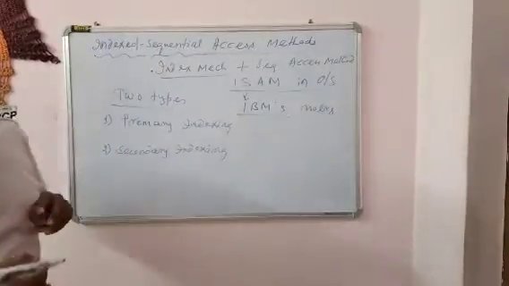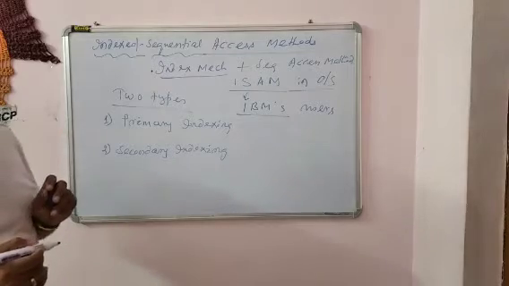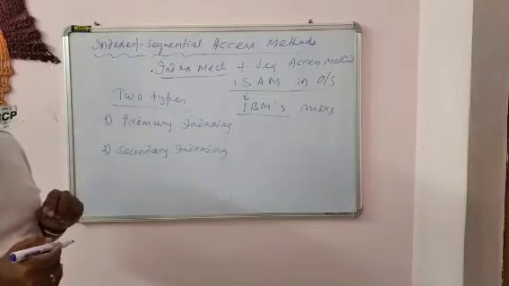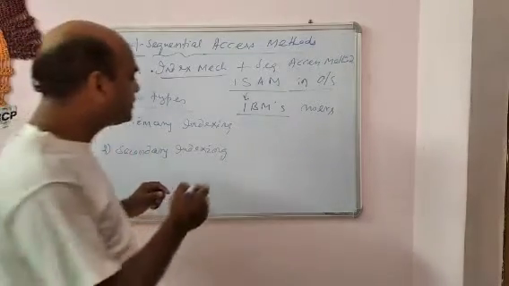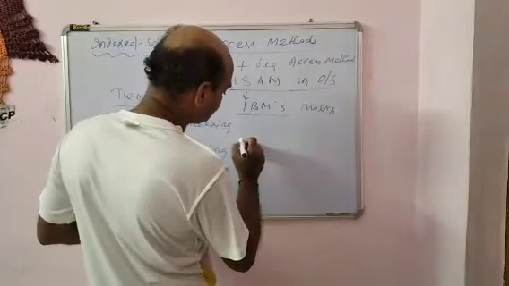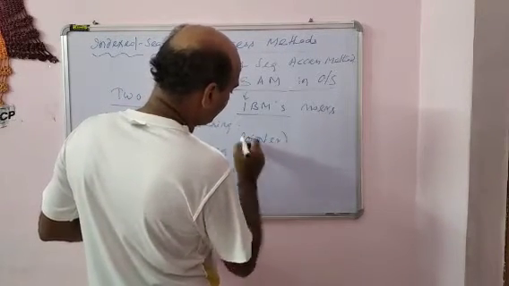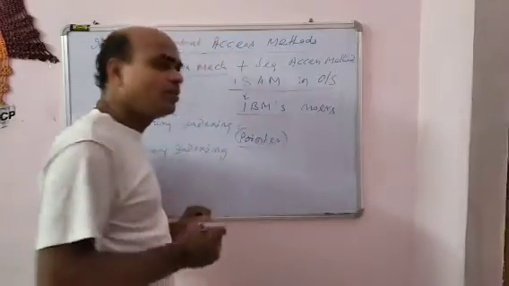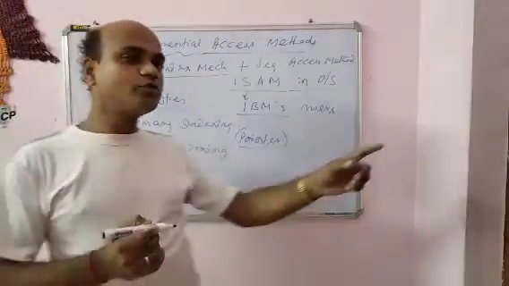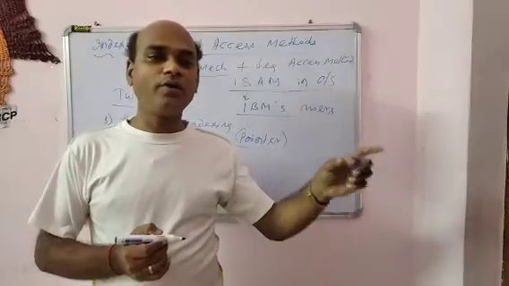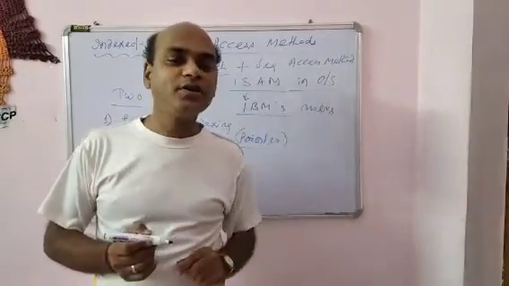In the primary indexing, what happens? It contains a pointer to the secondary index file. So in primary indexing, it contains simply a pointer. This pointer points to the memory block where that particular record is being stored.